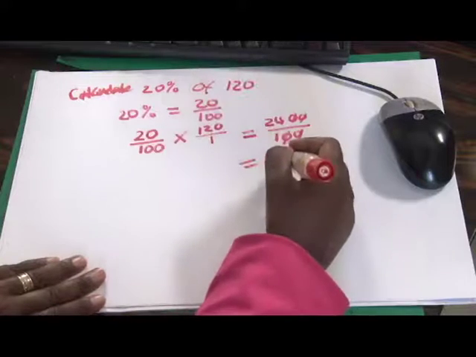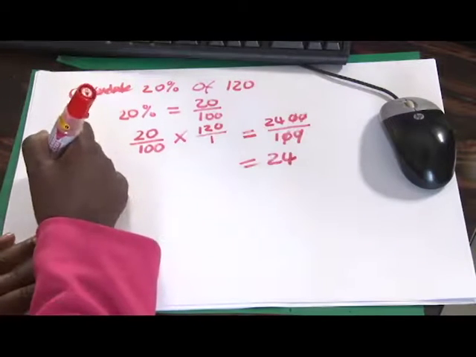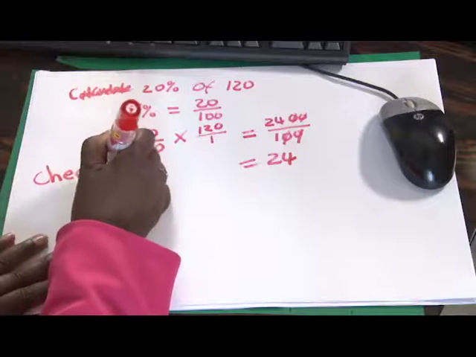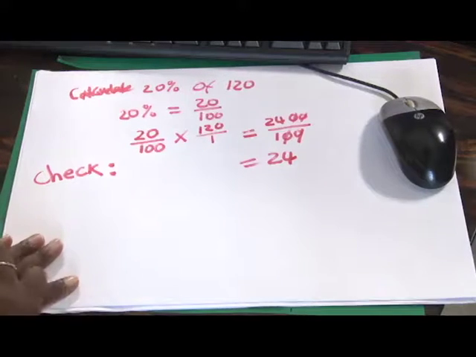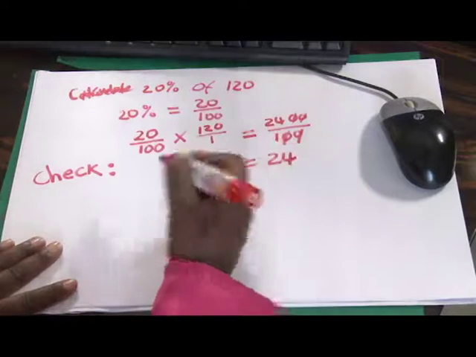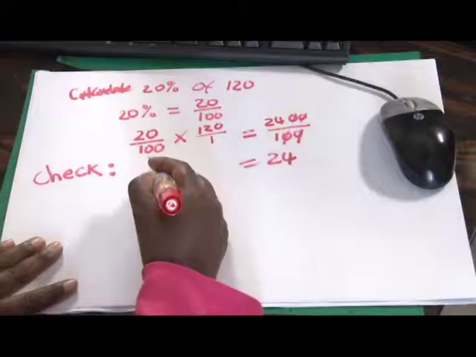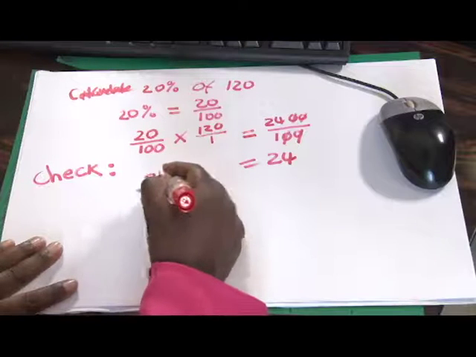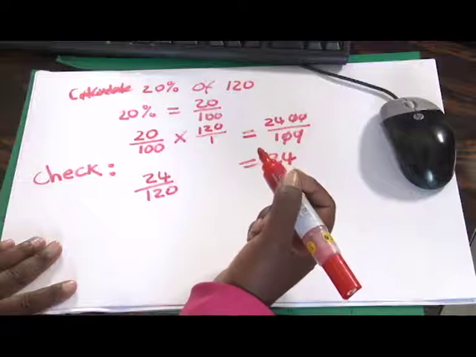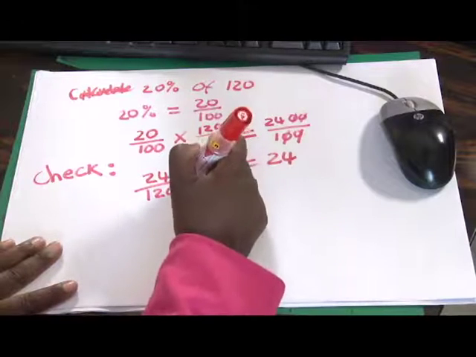Is this correct? How do we double check? Now we want to know if this is the correct answer. We need to check our answer. Is it correct or is it not correct? So if we have 24 and we divide it by 120, how much are we getting?